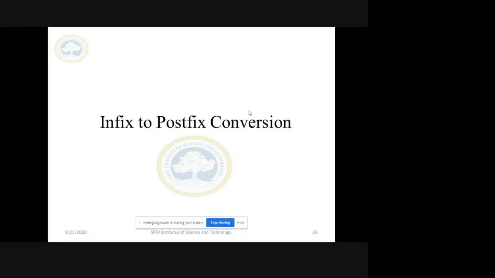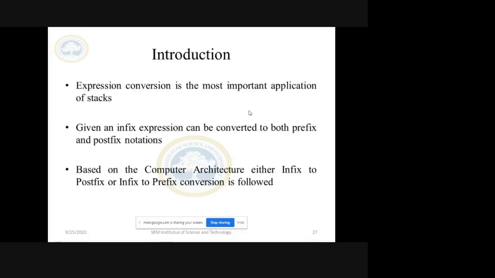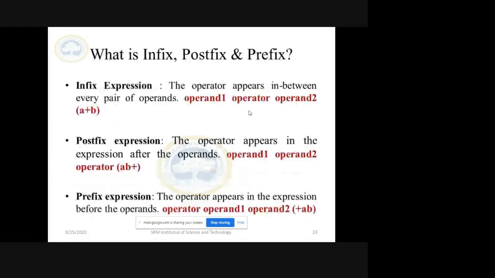Please listen carefully. So, an infix expression can be converted. Normally you only have the procedure of converting to a postfix expression. That is enough; prefix is not needed. How do you see it here?